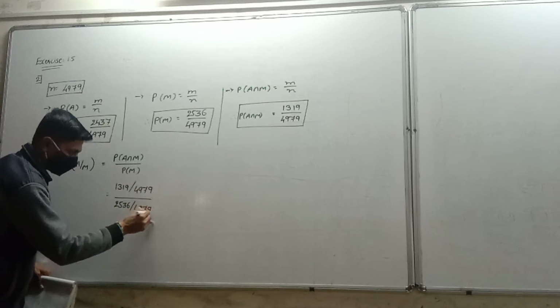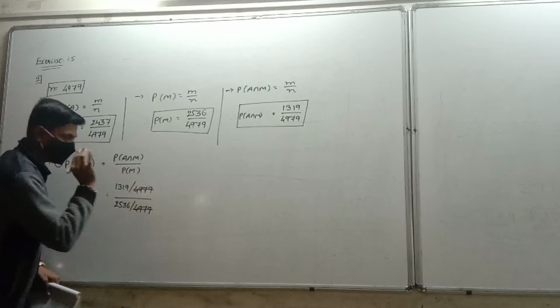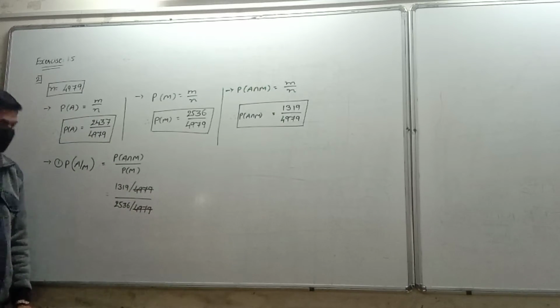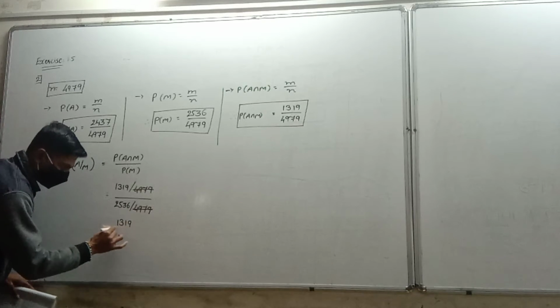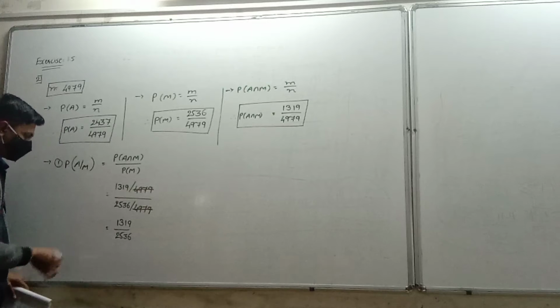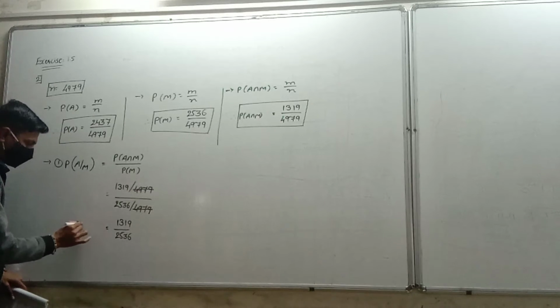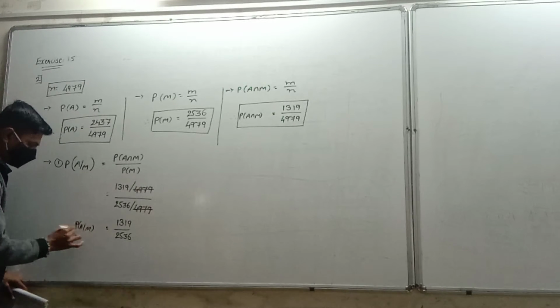So numerator denominator 4979 cut. The remaining values write down 1319 upon 2536. Okay, your final answer A given that of M.